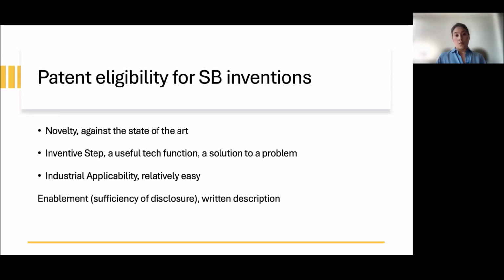When the person who is skilled in the art has the application, which teaches the technical specification of the invention, he or she should be able to perform the invention by herself or himself. So it should enable the person skilled in the art to perform the same invention.